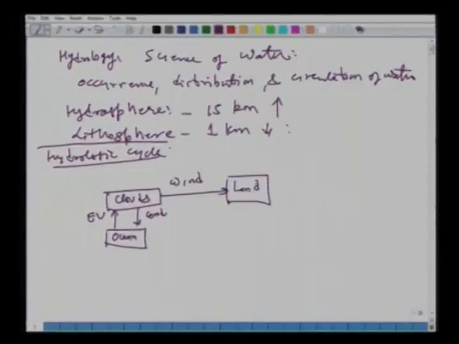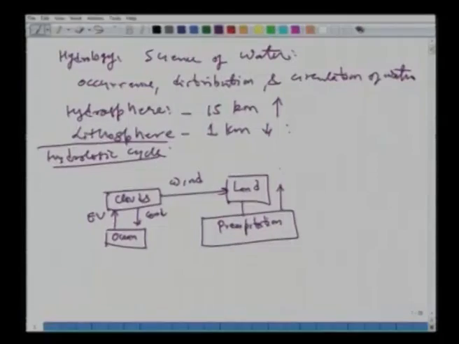Okay. And then onto the land, it will precipitate in the form of precipitation. And this precipitation can be in any form. There are various forms of precipitation which we will look at a little later in this course. So, it could be either rain, it could be hail, snow, and many other different forms. Okay.